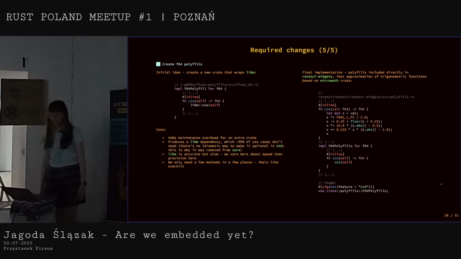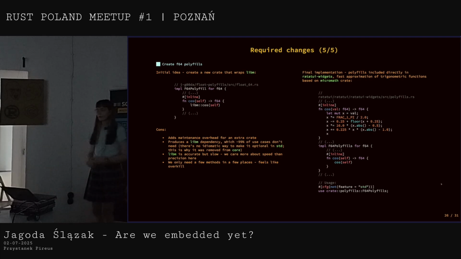Yeah, and I mentioned earlier that core includes primitive types, but it's not entirely true when it comes to methods of these. Some are missing, for example, trigonometric functions in f64. My initial idea was to create a new polyfills crate.